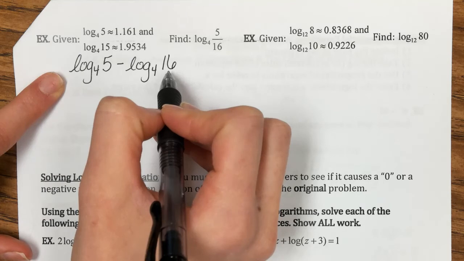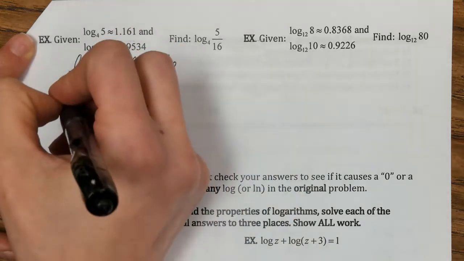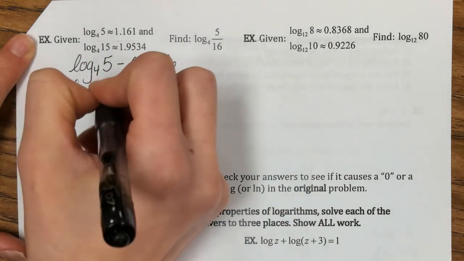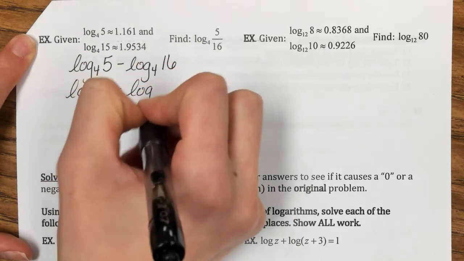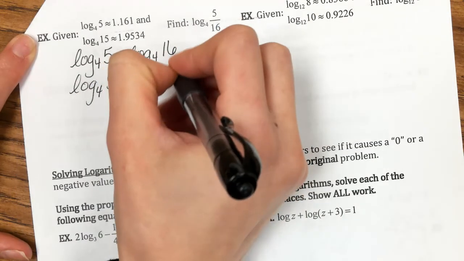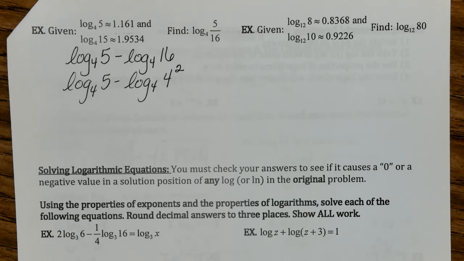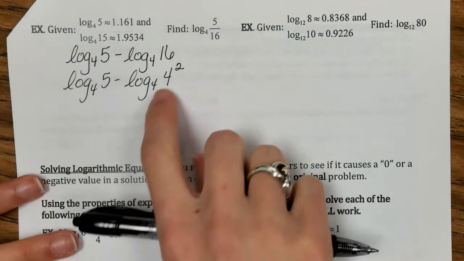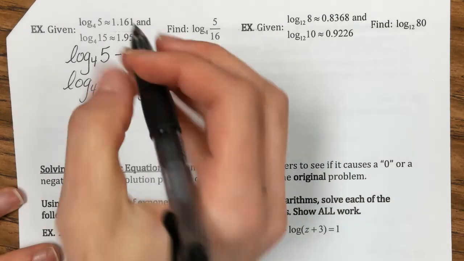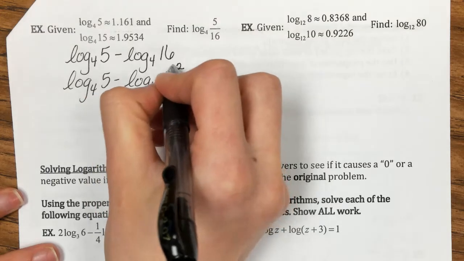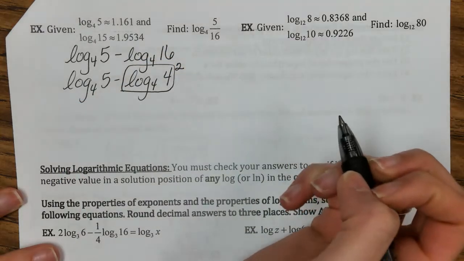Of 4, right? Because 16 is 4 squared. So I'm going to have log base 4 of 5 minus log 4 of 4 squared. I know that y'all want to take the square root to get your 4, but you need to show this right here. Because what happens, the same concept.